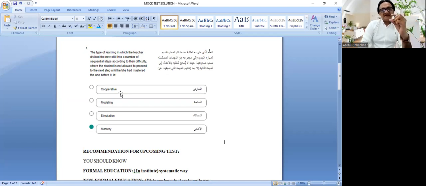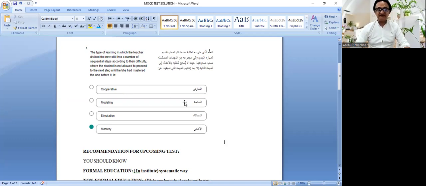When the degree is completed, we measure whether the student got mastery in these skills or not. If not, then we will modify the curriculum and prepare action plans. So this is about the first answer.